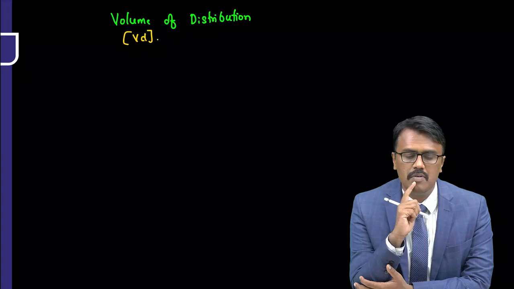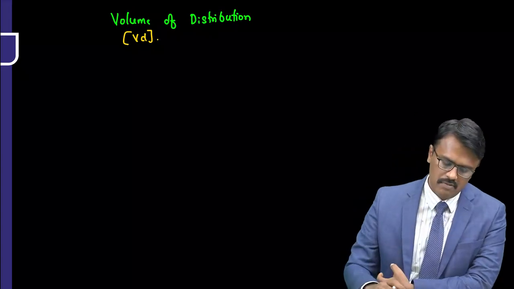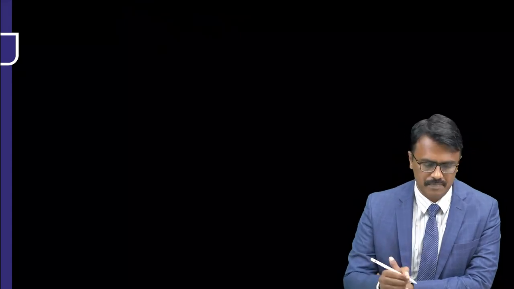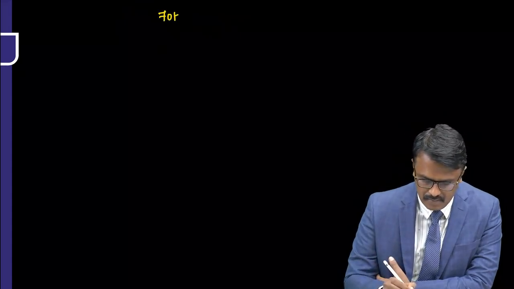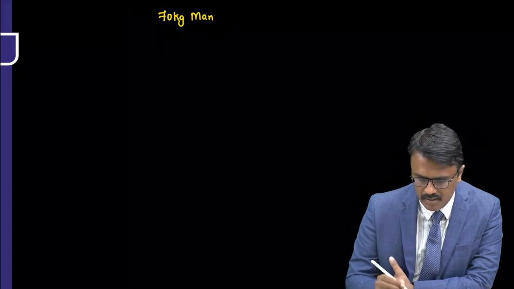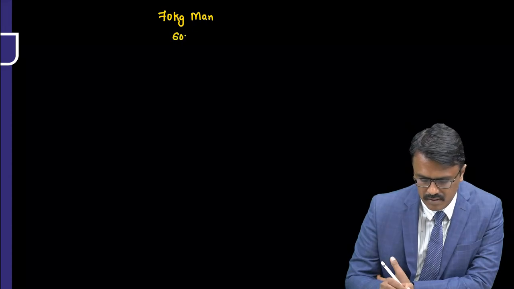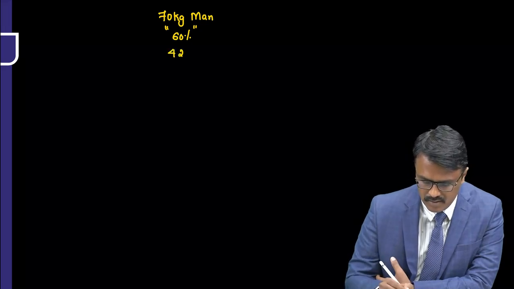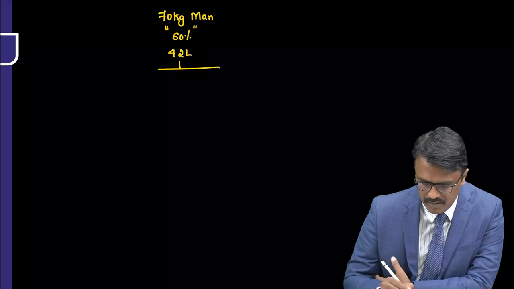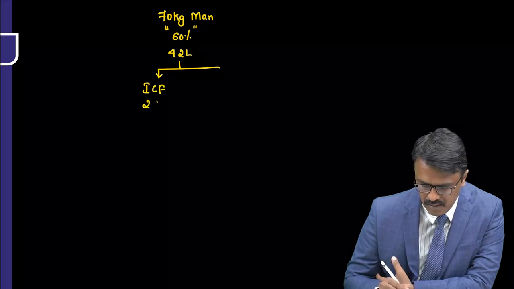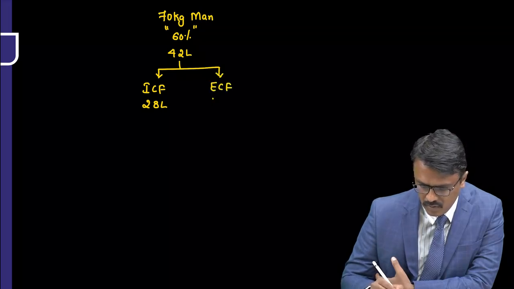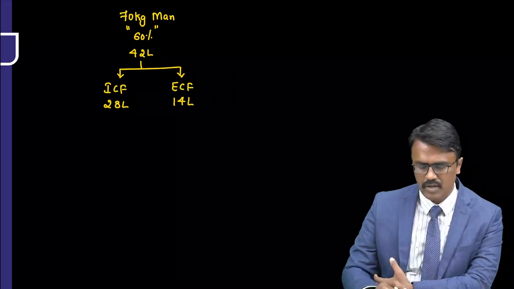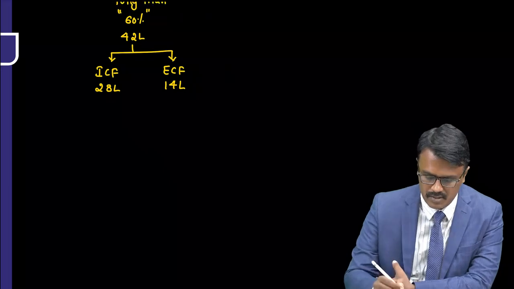Now what do we mean by volume of distribution? To understand that, we will have to understand a bit of physiology. If I take a 70 kg man, you know that 60% of the person is made up of water. That means around 42 liters. In that 42 liters, the intracellular fluid is around 28 liters and the extracellular fluid, ECF, is around 14 liters.